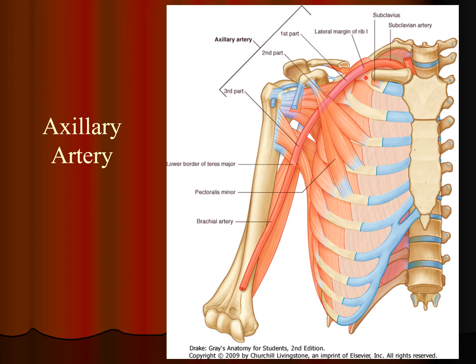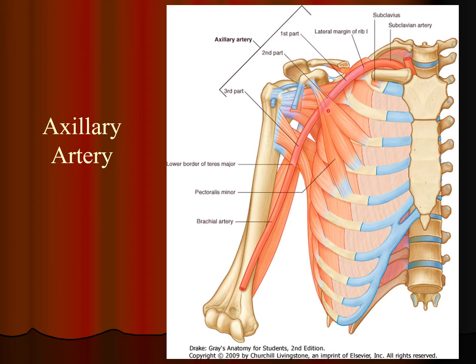When it reaches the outer border of the first rib, the lateral margin, till here it is subclavian artery, and now it enters into axilla, so its name changes to axillary artery. It goes down, and when it reaches the lower border of the teres major muscle, it becomes brachial artery and enters into the arm region. So this is our brachial artery.